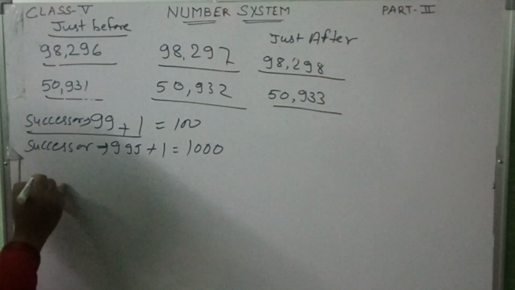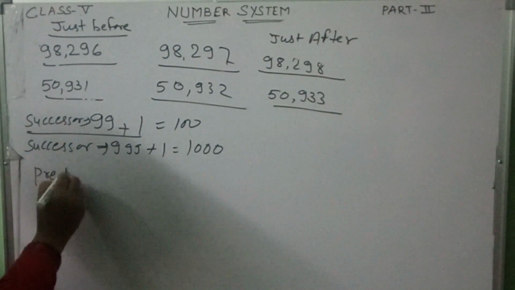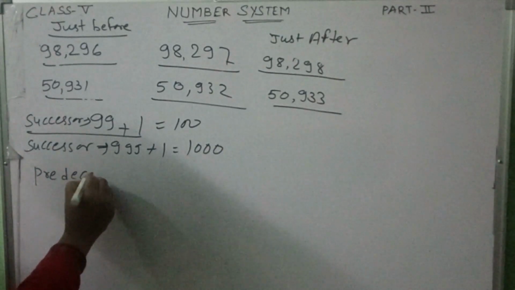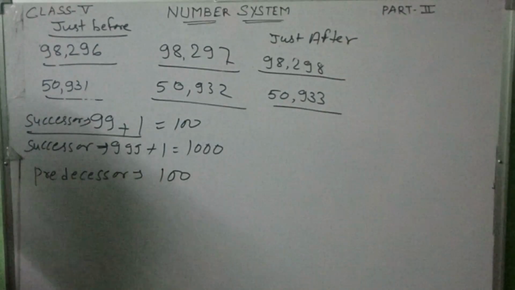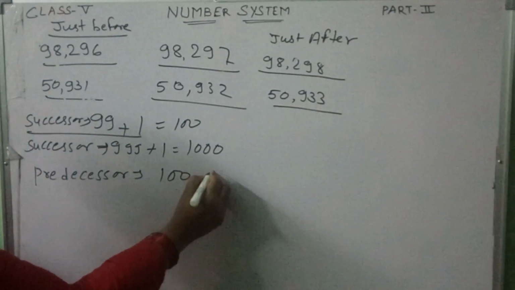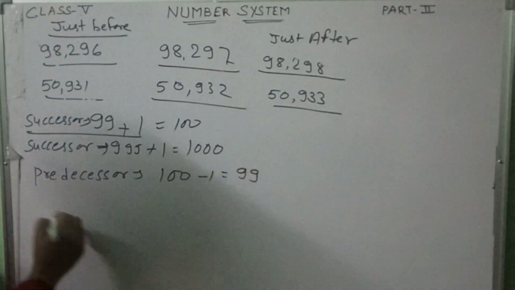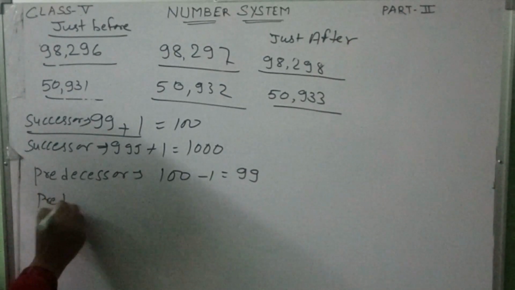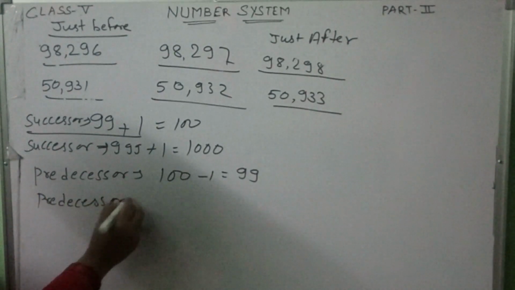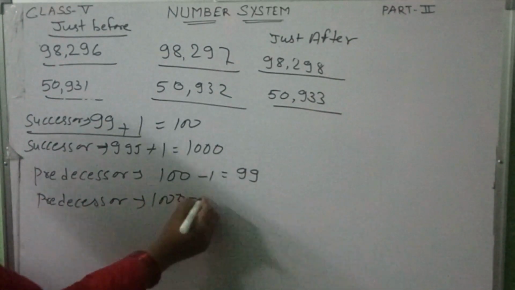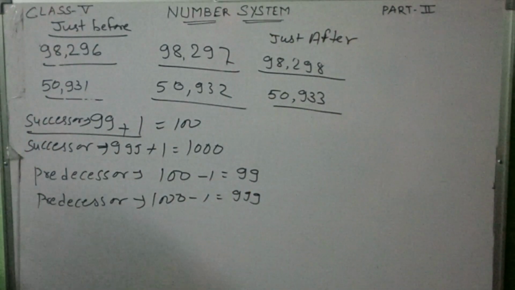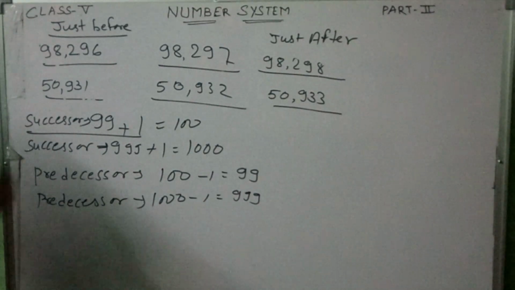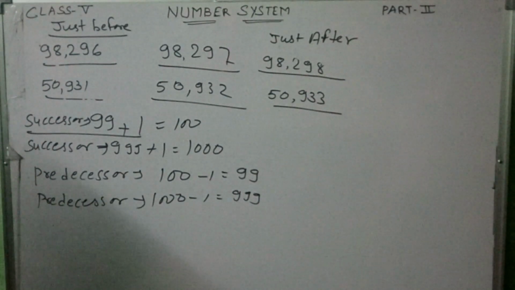Then same way you have to write the predecessor of 100. Then what we have to do? Minus 1. It will be the 99. Predecessor of 1000. 1000 minus 1, that is 999. Okay. That is the predecessor and successor of the number.